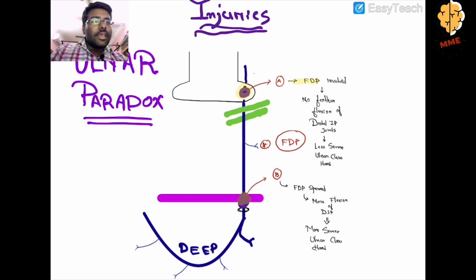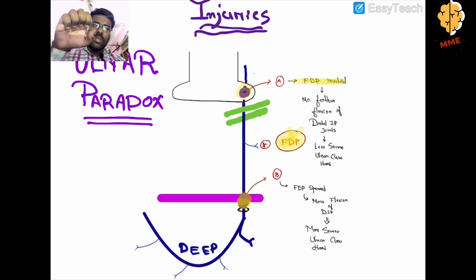Because when the upper part is involved, the FDP is also involved, and if the FDP is involved, there is less severity. Why? Because the FDP action is flexion, and the interossei are affected, so the claw hand is seen.